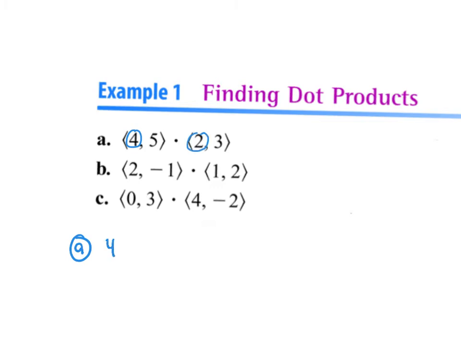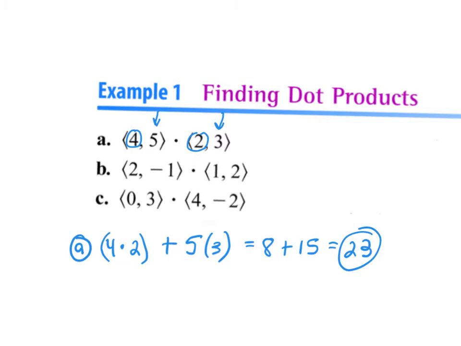So I have 4 times 2, and then I add plus what? 5 times 3. 4 times 2 is 8. And 8 plus 15 is 23. So the dot product of vectors 4, 5 and 2, 3 is the value 23.